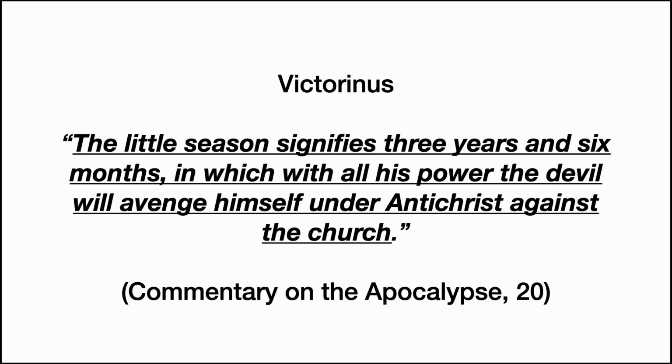And then Victorinus, in his commentary on the Apocalypse, the commentary on the book of Revelation, chapter 20. And I'm just reading one quote from each of these guys. Again, I did a whole session on each one of these. He says, "This little season signifies 3 years and 6 months, so 3.5 years, in which with all his power the devil will avenge himself under Antichrist against the church."